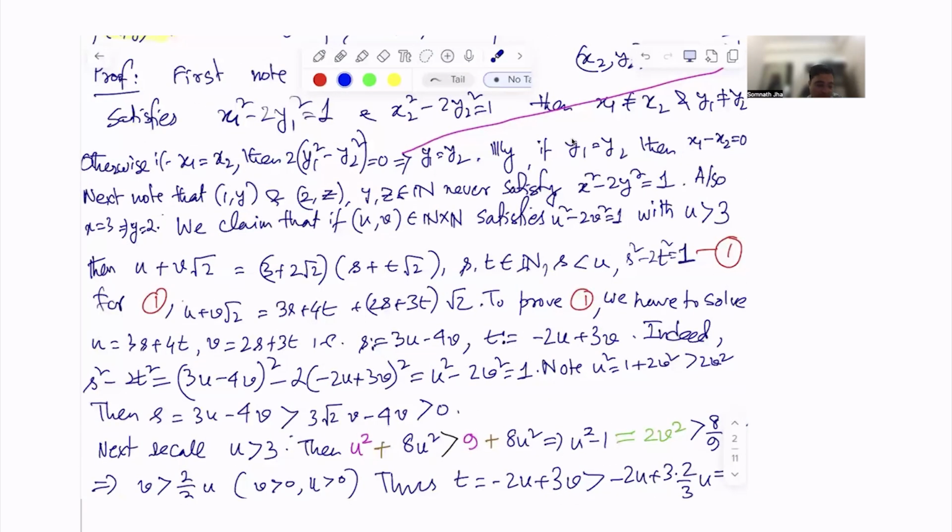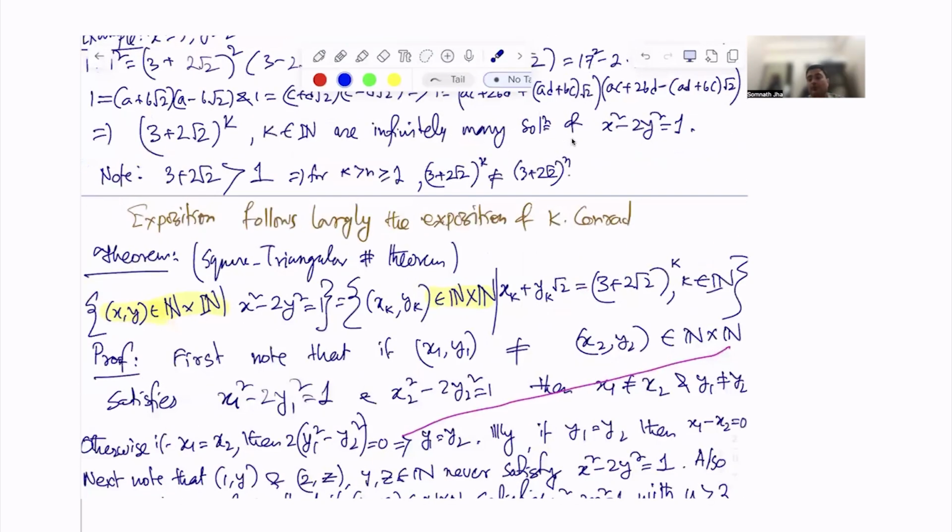So we showed that every solution looks like 3 plus 2 root 2 to the power k. So we did the n equal to 2 case, x square minus 2y square equal to 1. All the solutions are given by 3 plus 2 root 2 to the power k, where k is in N, the positive solutions. And then, as I said, if 3 plus 2 root 2 is a solution, then 1 over 3 plus 2 root 2 will also be a norm 1 element.